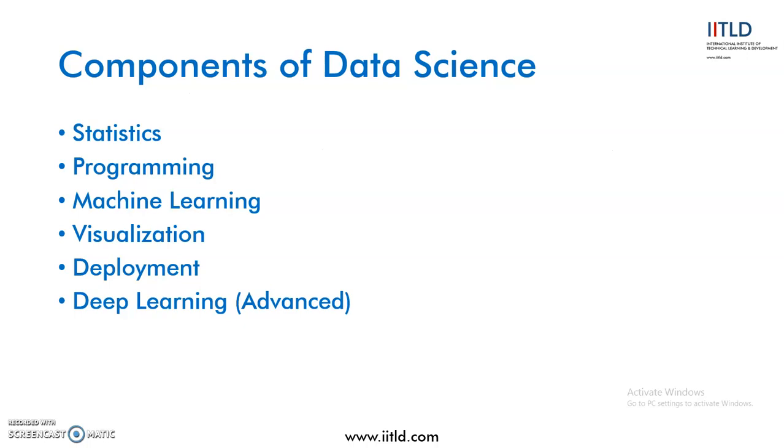So we'll have a sneak preview of all the components, and then one by one I will tell you how these things are interlinked, and then we will get more clarity about all the components of data science, right? So I'll see you in the next slide, and then we will continue with the detailed explanation of all these components.